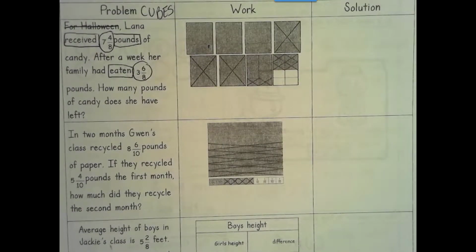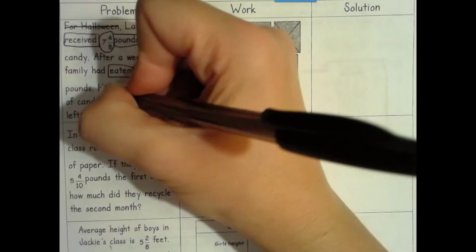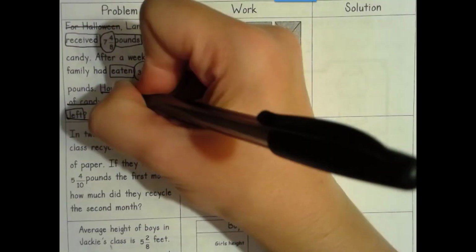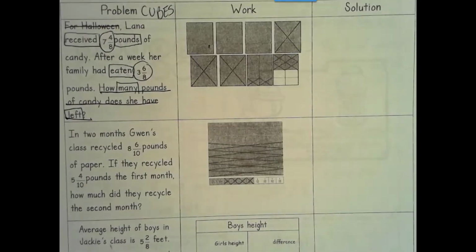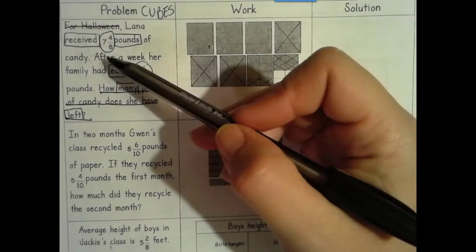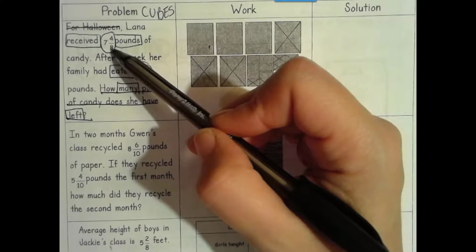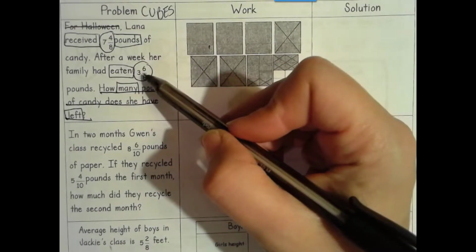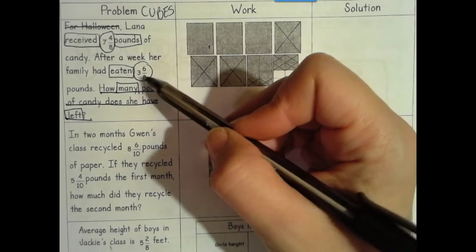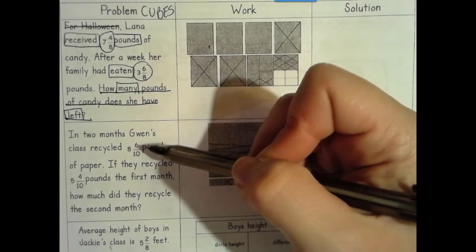That's just extra information. How many pounds of candy does she have left? So we're trying to figure out how many are left. Do we know the total she had to begin with? Yes, you do. So when we know the total, we're either going to subtract or divide. We only have one amount we're taking away, so we're going to subtract.